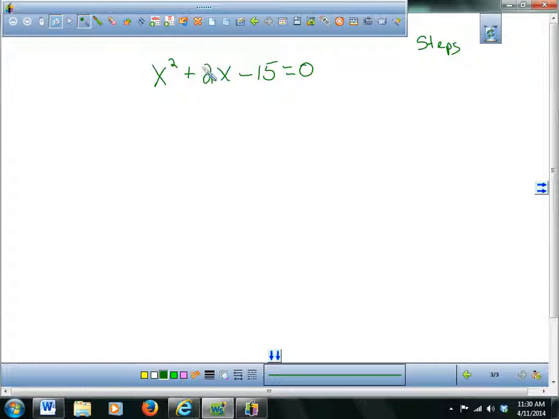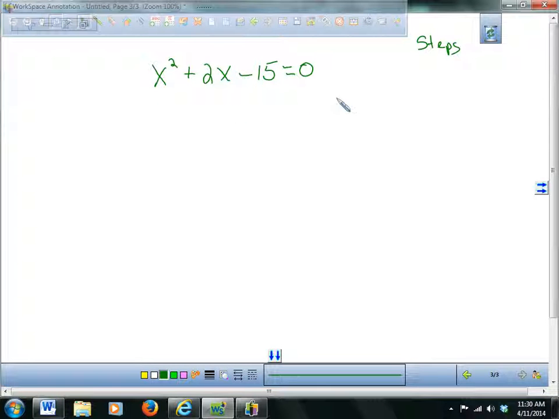First thing you're going to do is, so one way to solve this quadratic equation, which probably would be easier to solve by factoring, but we're not going to do that right now, okay? First thing you want to do is add 15 to both sides, okay? So when I add 15 to both sides, I get x squared plus 2x equals 15.